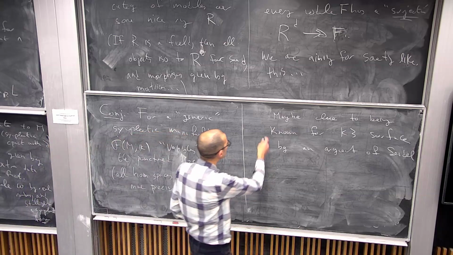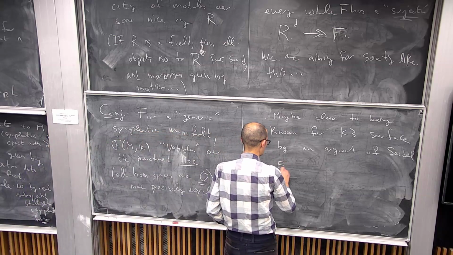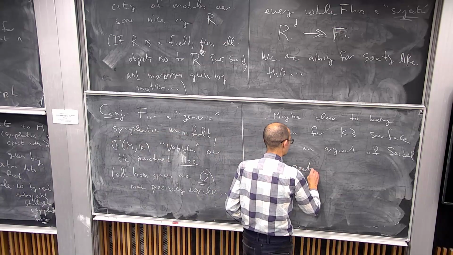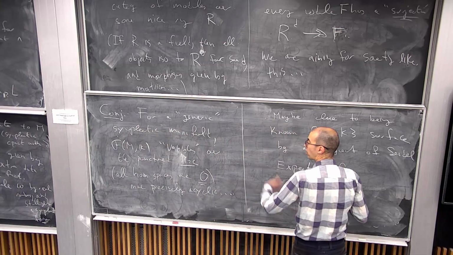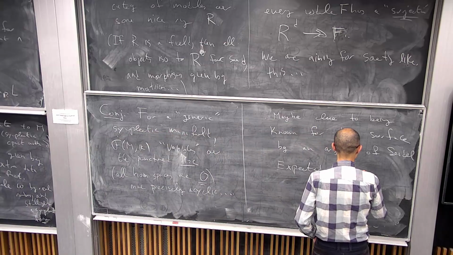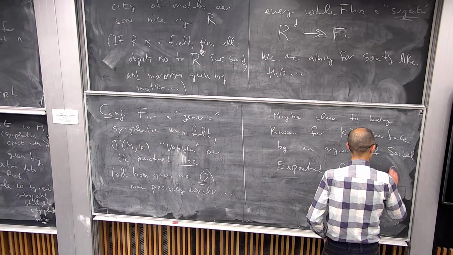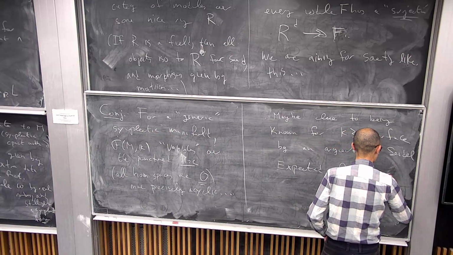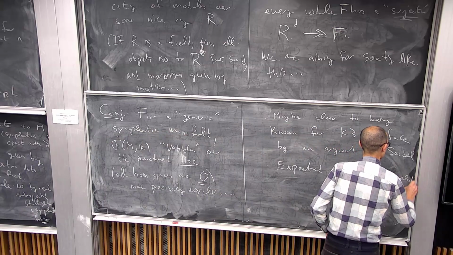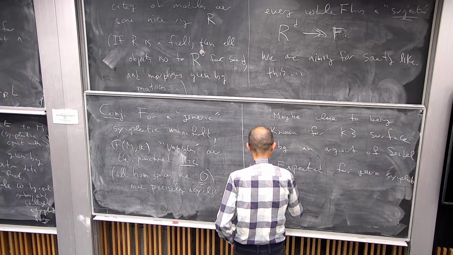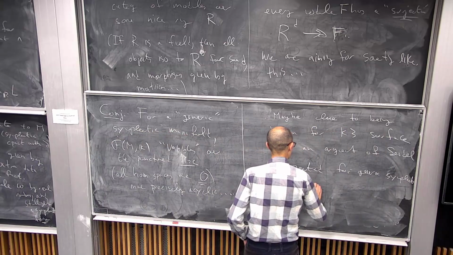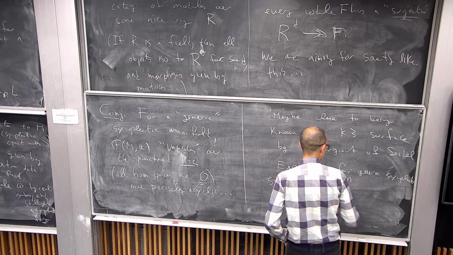But somehow it's just expected for, again, generic symplectic forms, symplectic structures, on the 2n torus.